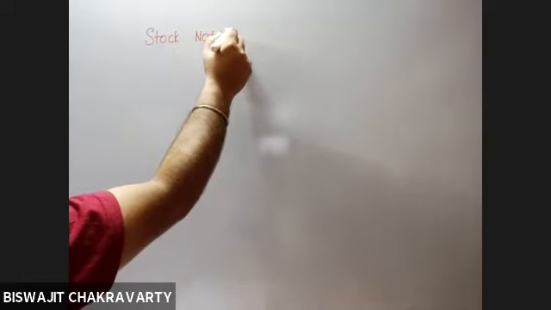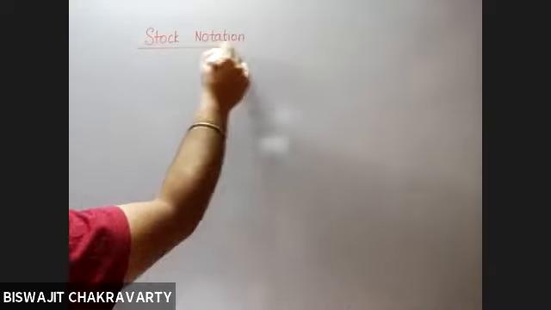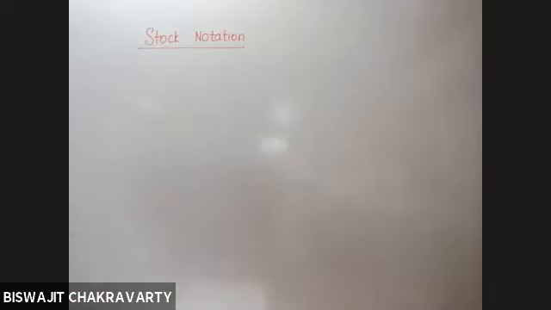After this, we move on to the next topic, right? Stock notation. Stock, S-T-O-C-K, is the name of the scientist who introduced this notation for writing down the names of those elements which show variable oxidation state.